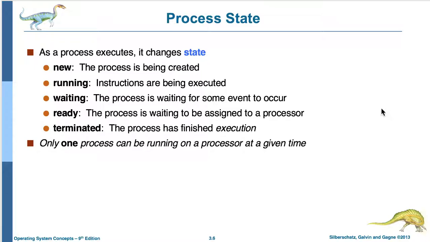As it moves on from being created, it is waiting to be allocated to a processor, and that state is known as the ready state. Following the ready state, when it actually gets assigned to a processor and starts executing the instructions within the process, it is in a running state.